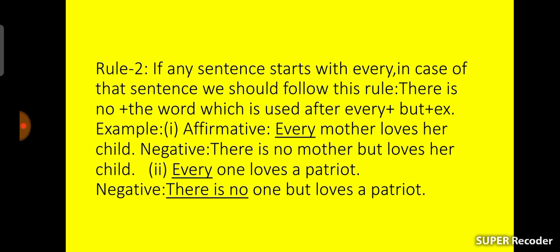Okay, so the negative form of the sentence will be: There is no one but loves a patriot. Here the underlined word is every, and instead of every we should use here there is no one, then we should use but, then loves a patriot. Okay, dear students, move on to the next rule.